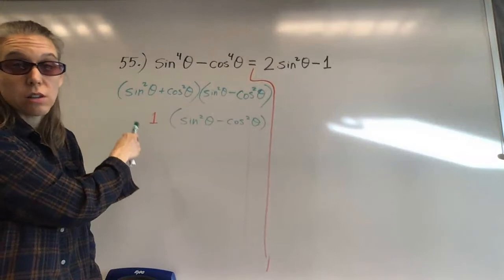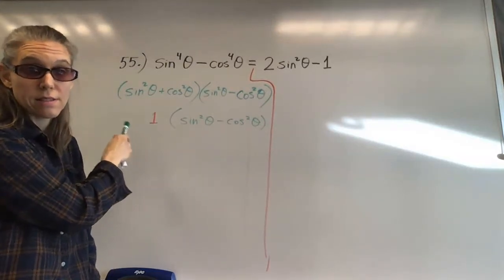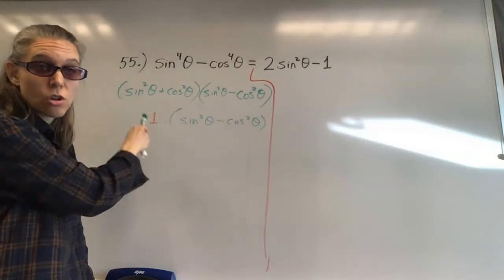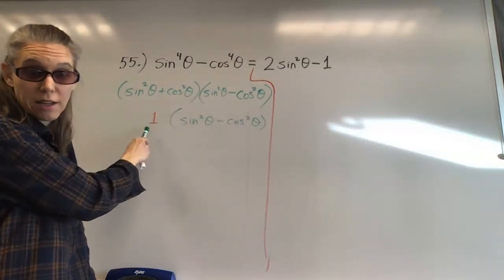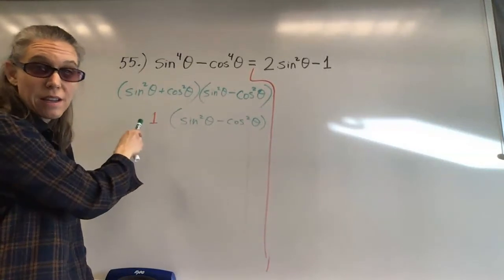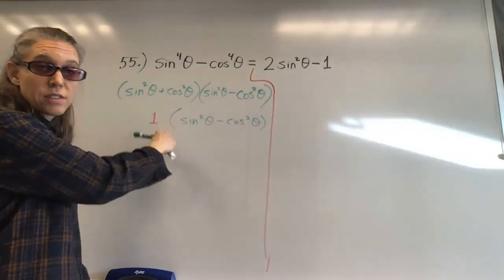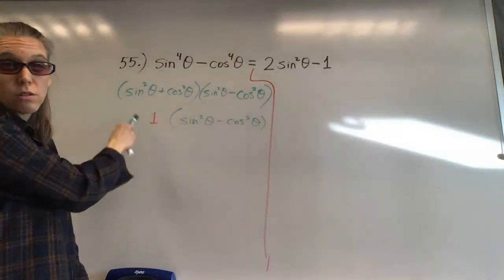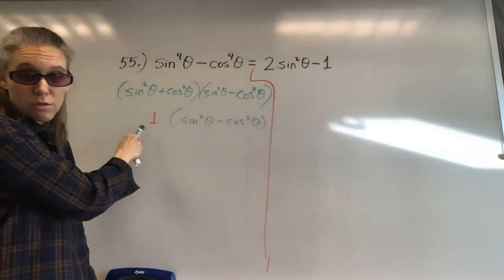Make sure you include the 1 in this step because you are using a Pythagorean identity and you need to show the use of that Pythagorean identity. Once you have done it in the first line here, for subsequent lines, you can drop the 1. But it is important that you include the 1 when you do the substitution.